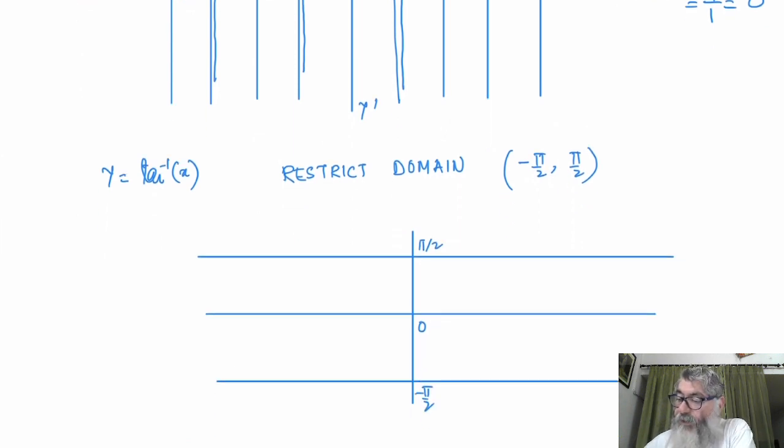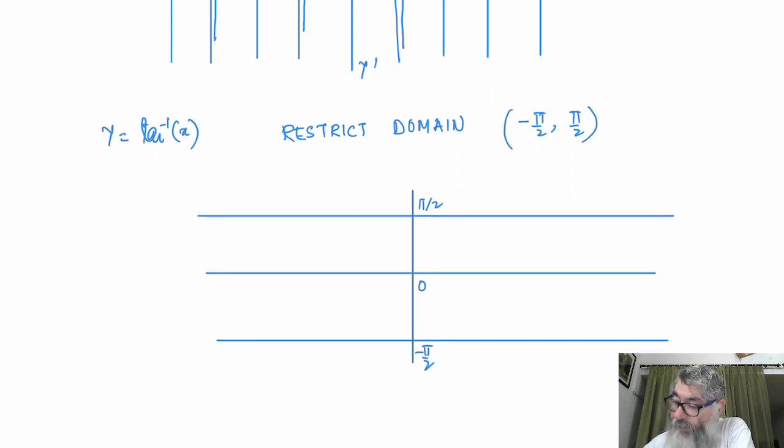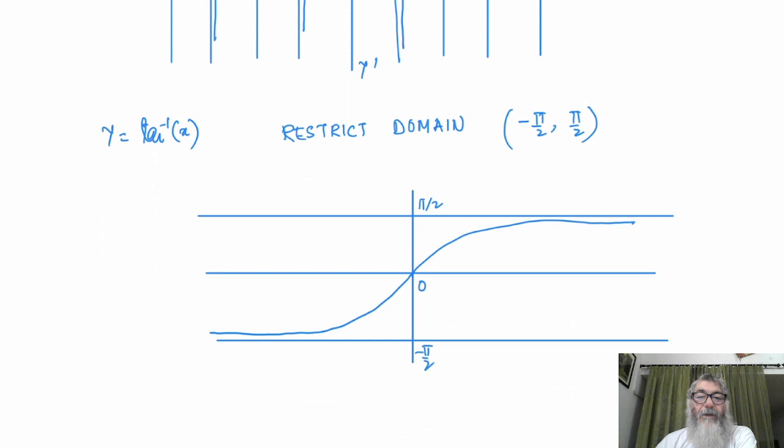Now when we draw the graph of tan inverse x, it will go something like this. It is like Superman, just the reverse of Superman. The S is extended, this is the shape of an S. Now the domain is restricted to minus pi by 2 to pi by 2.